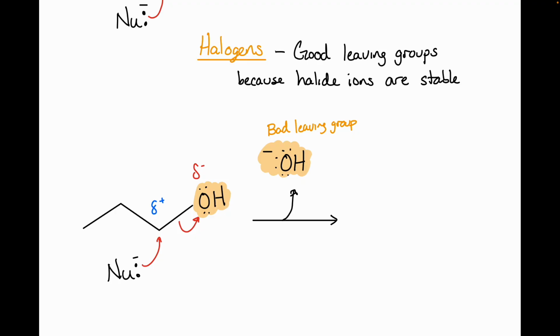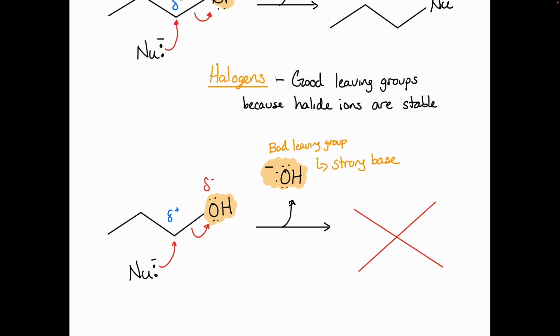What are they? Strong bases, right? If you're a strong base, that means that you are not very stable without that hydrogen. That's why you want to pull hydrogens off of things so badly, right? So this is a bad leaving group because this is a strong base, which means even though we have that nice polar bond here, we don't have an electrophile because we can't kick off that alcohol group, that hydroxyl group, as a leaving group, right?